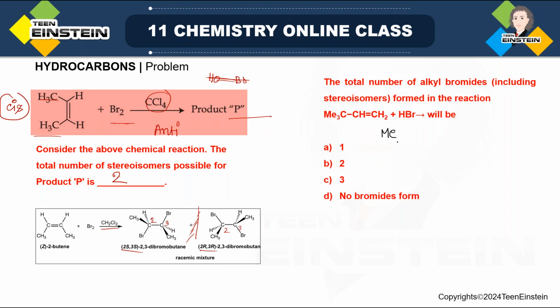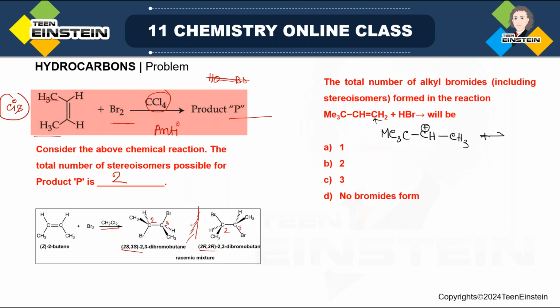Now, one carbocation possibility is this one, right? Now you can draw another possibility where the positive charge will be at the terminal carbon, but I am not drawing that because it will be very, very unstable.